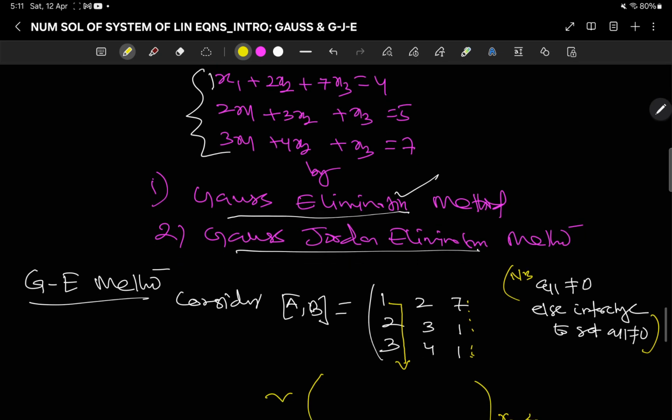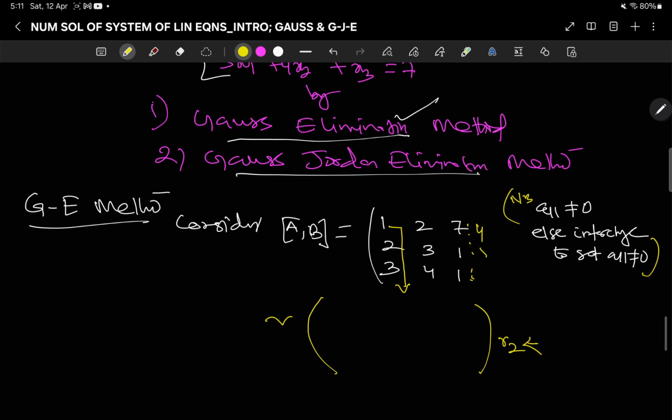The right hand side is 4 5 7. So at the first step row 2 is replaced by row 2. If I multiply 2 in row 1 and subtract, then this place becomes 0. Then coming to your third row, row 3 is replaced by row 3 minus 3 row 1.